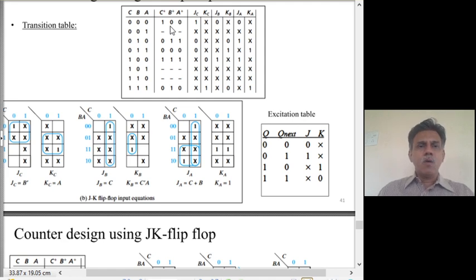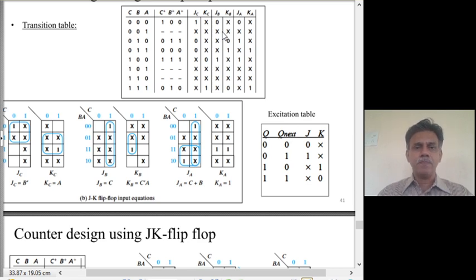So having got this, we have to find out the values of J and K for each of the flip-flops and tabulate it, and then we should synthesize it or arrive at the Boolean expressions for JA, KA, JB, KB, JC, KC, and realize it using gates and come up with the whole circuit.